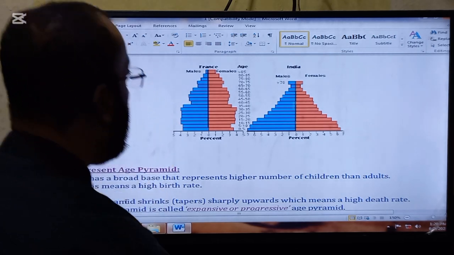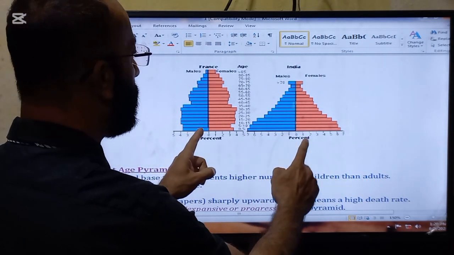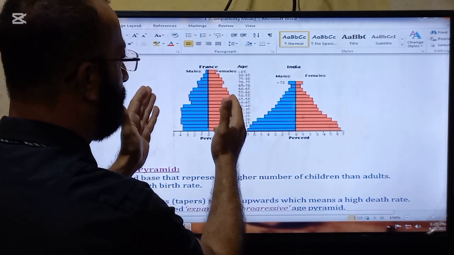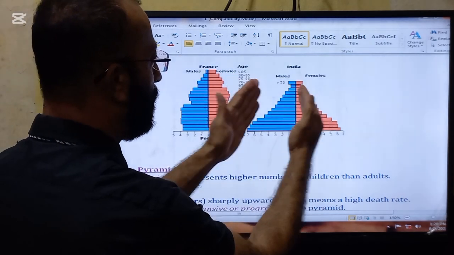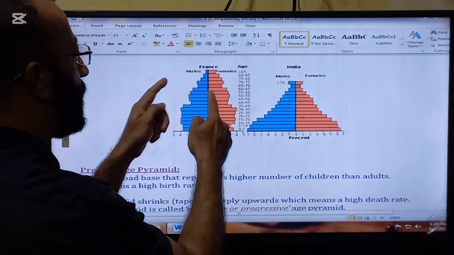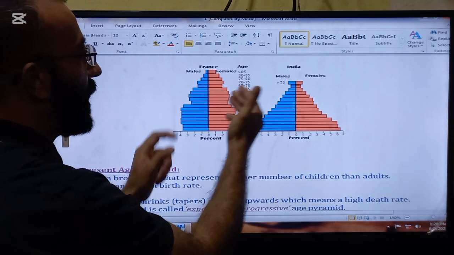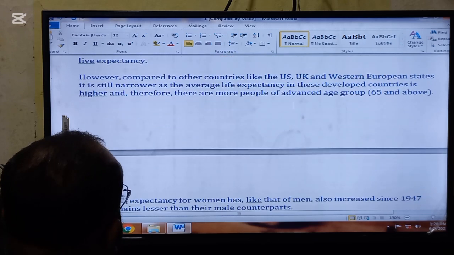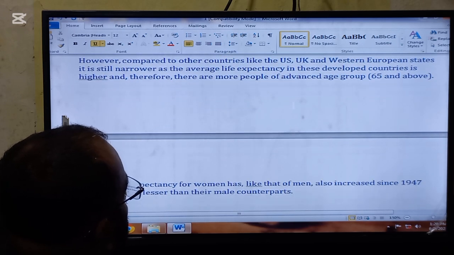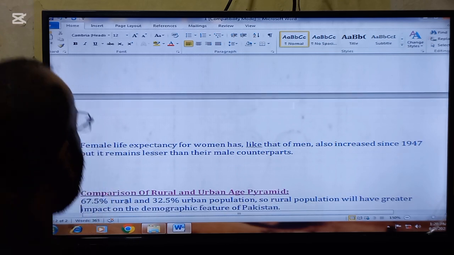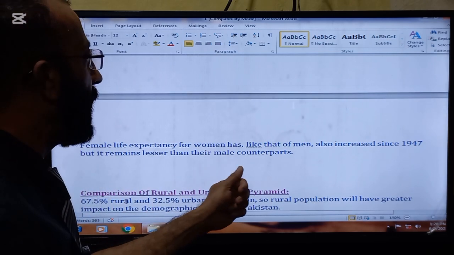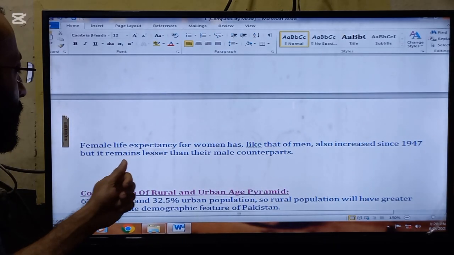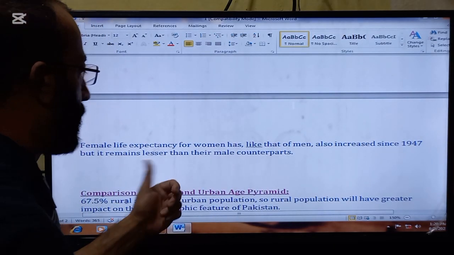So look here now, if we compare these two structures, we can see a broad adult population structure. Here is a very narrow structure. So it means here the life expectancy is higher as compared to Asian countries. Okay. Life expectancy for women has, like that of the men, also increased since 1947, but it remains lower than their male counterparts.